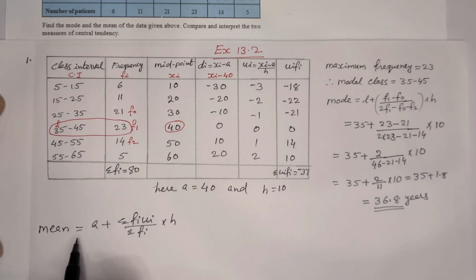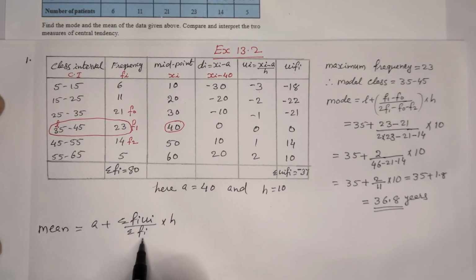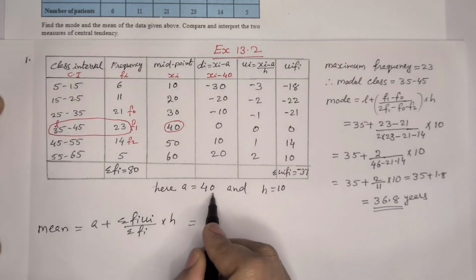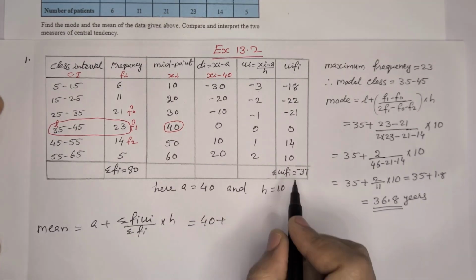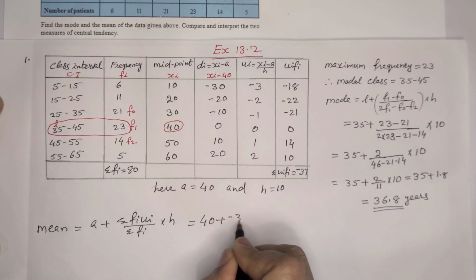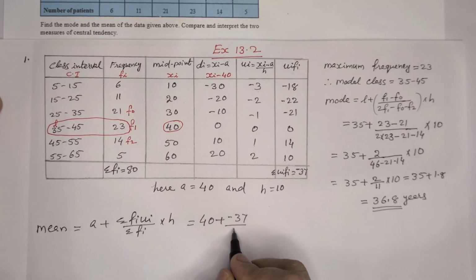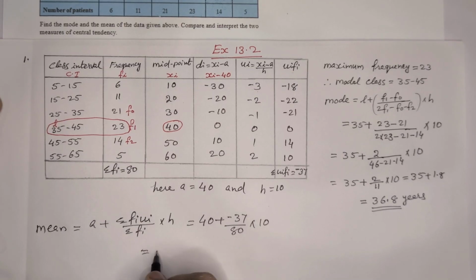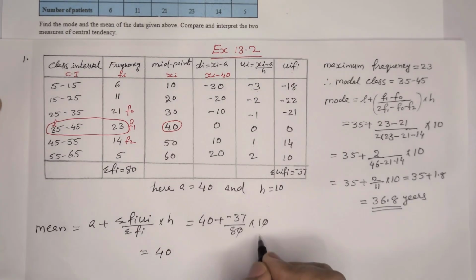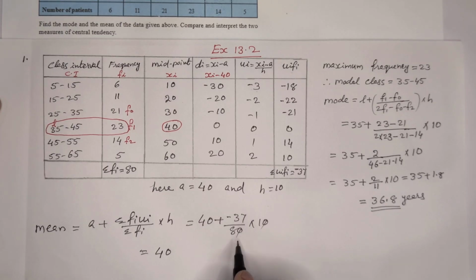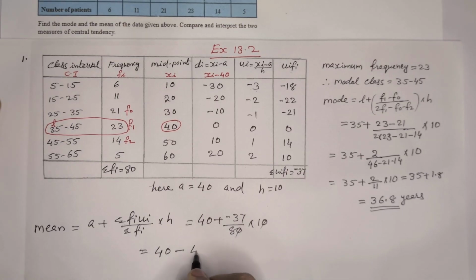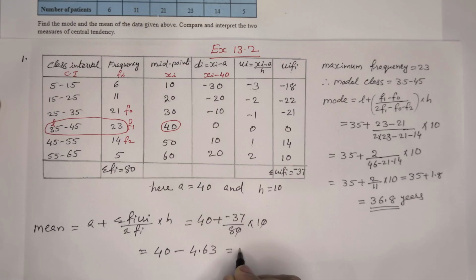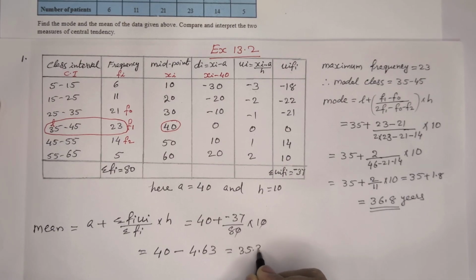Then the formula: mean is equal to A plus sigma fi ui by sigma fi into h, which is equal to 40 plus minus 37 by 80 into 10. We can cancel the zero with the 10: minus 37 by 8 is minus 4.63, which is equal to 35.37 years.